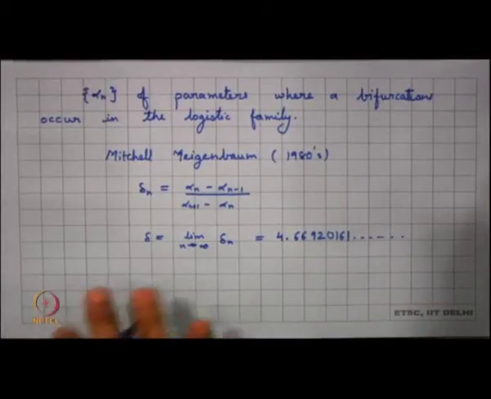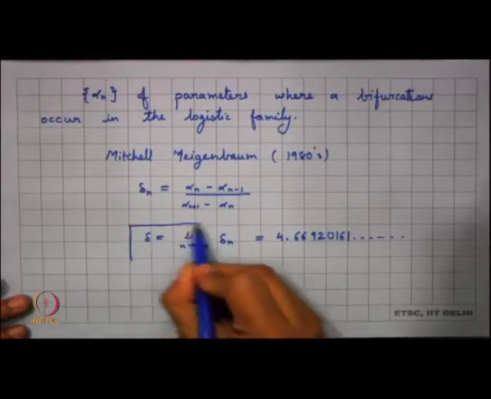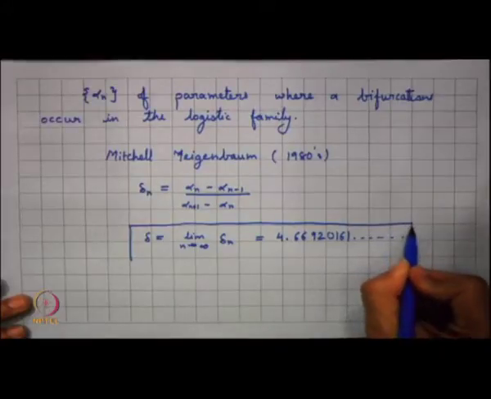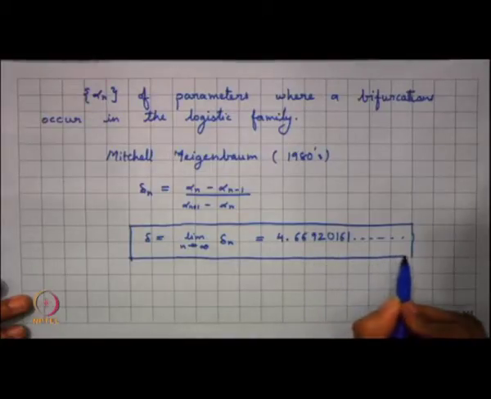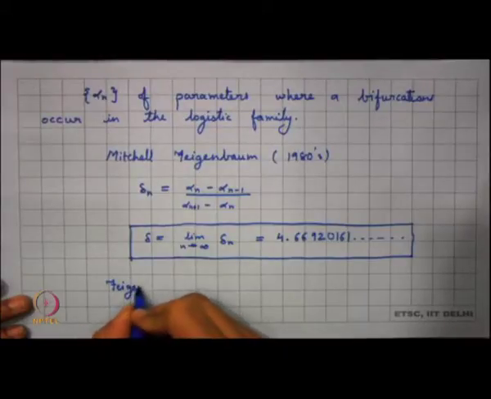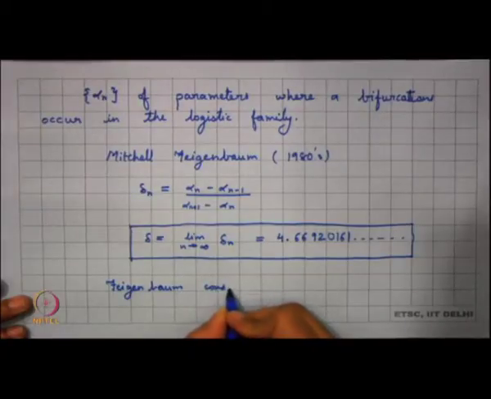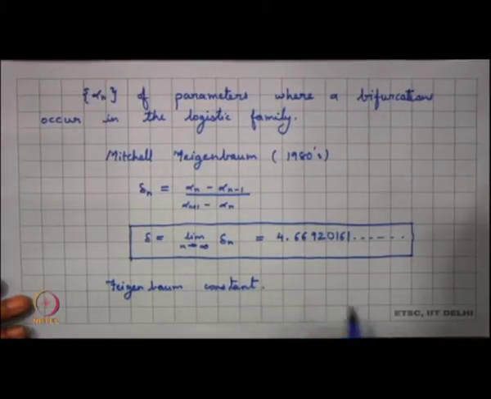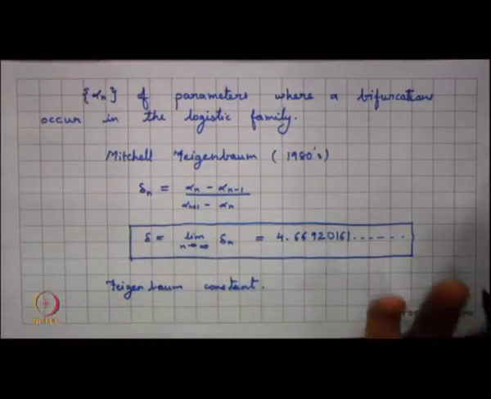So, this is a universal constant, and basically this constant is called the Feigenbaum constant, and this shows some kind of universality in the dynamics of all such one parameter families which undergo period doubling bifurcation.